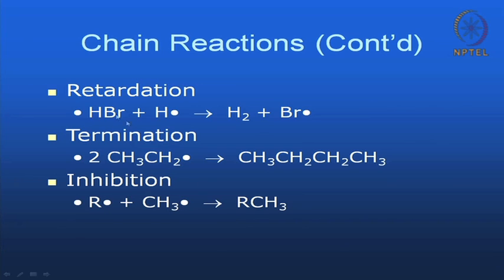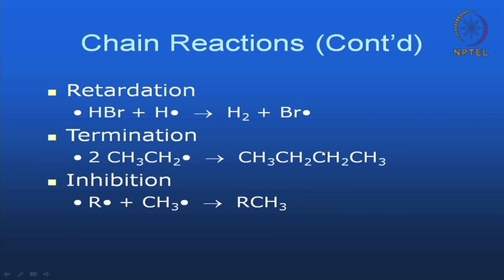Retardation, as I told you, if more of HBr is produced, that will retard the reaction. Termination, when two Br dot or maybe two CH3CH2 dot are combining, they will produce one non-radical species.